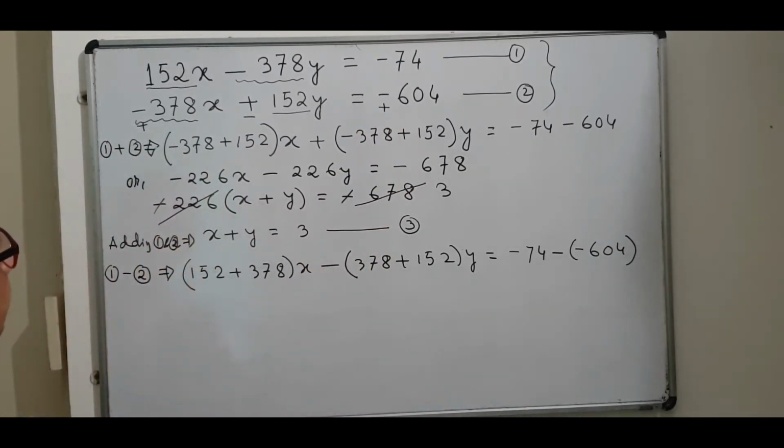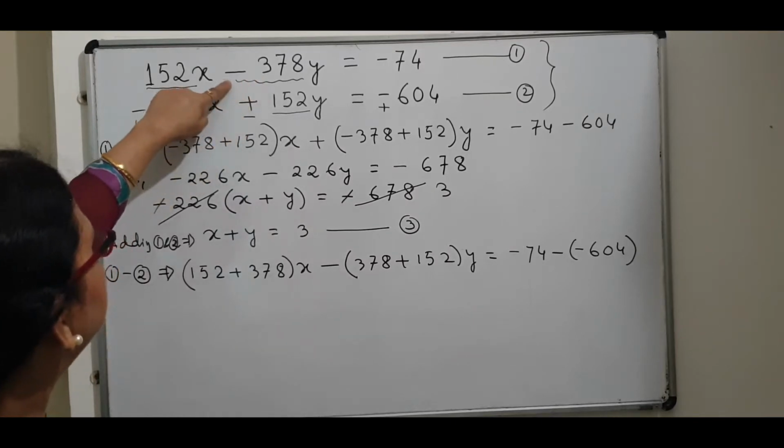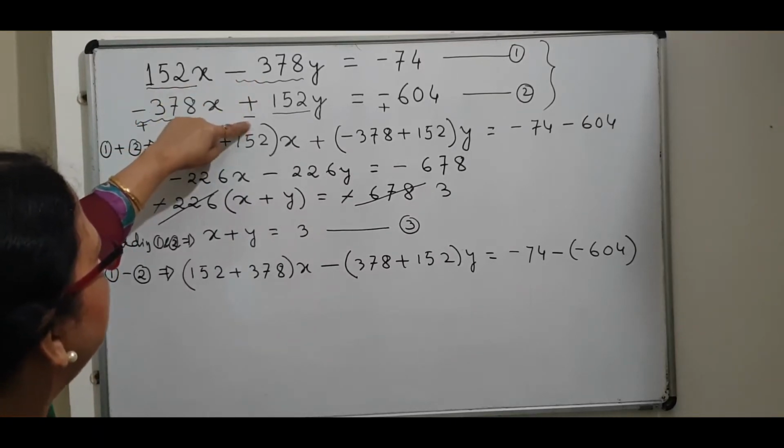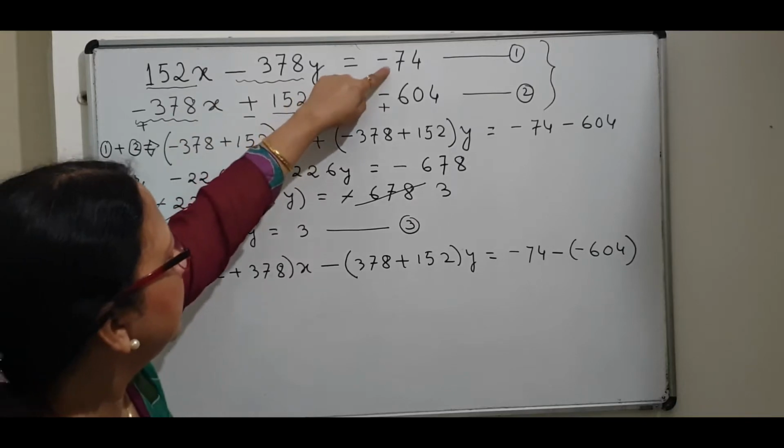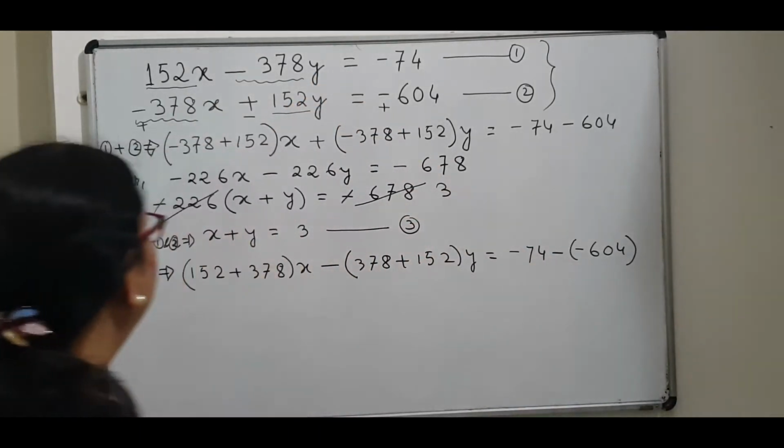So you see, this plus this, and then minus I have taken common, both are minus, so I have taken minus common, this plus this, and then minus 74 and minus minus plus that I have shown here.